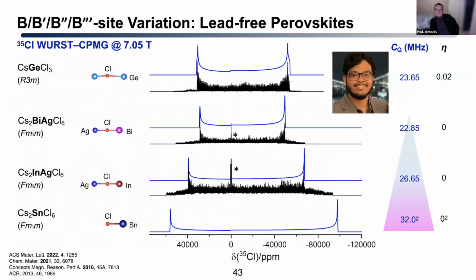Okay. On the flip side, DeGonta looked at some chlorine NMR on these results, again showing that there is some sensitivity depending on the overall chemical environment. He looked at a whole bunch of perovskite and perovskite-inspired systems and showed that there's a huge degree of versatility and variability in this.